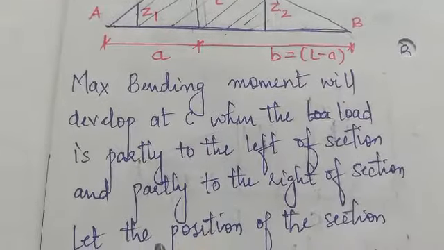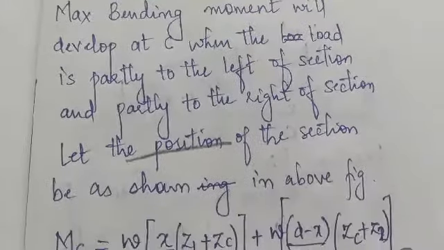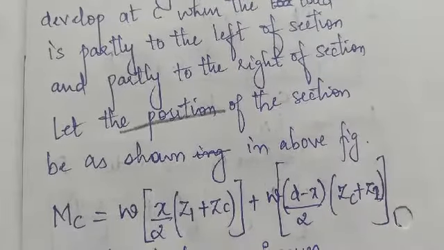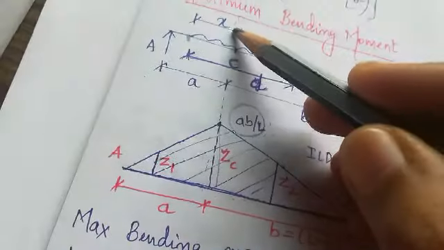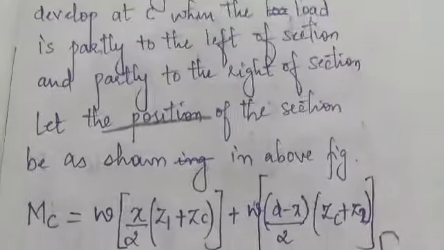Now let us find out the position of that section where we get the maximum value, that is this x value, at what distance it should be placed from A.